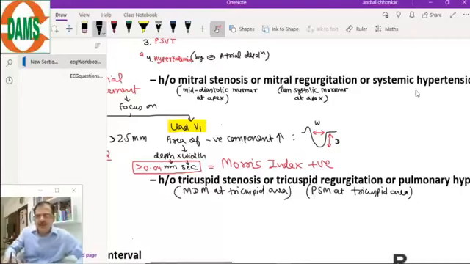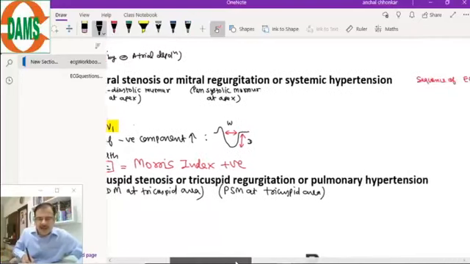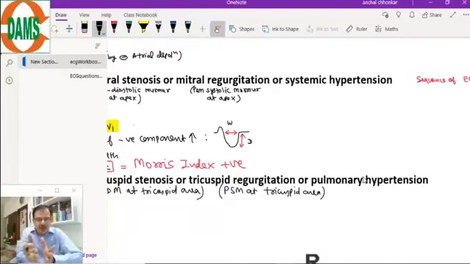Or, very importantly, pulmonary hypertension is mentioned. What will pulmonary hypertension do? Pulmonary hypertension will cause right ventricle hypertrophy and increased right ventricle pressure, and that pressure will go to the right atria, causing right atrial enlargement.